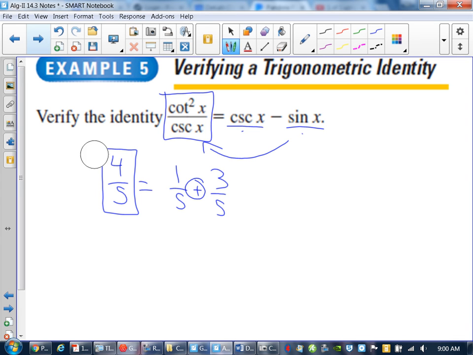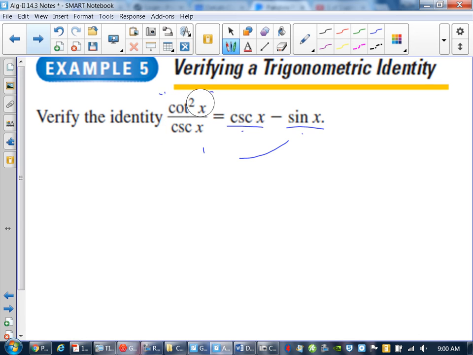Okay? So if I start right off the bat, I see this cotangent squared and I see cosecant. Once I see a cotangent squared, instead of writing it as cosine squared over sine squared and doing all that, I know that cotangent squared has a Pythagorean identity to it. Over here, we wrote down that 1 plus cotangent squared is cosecant squared.